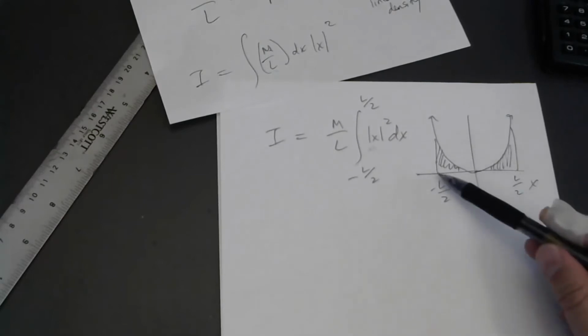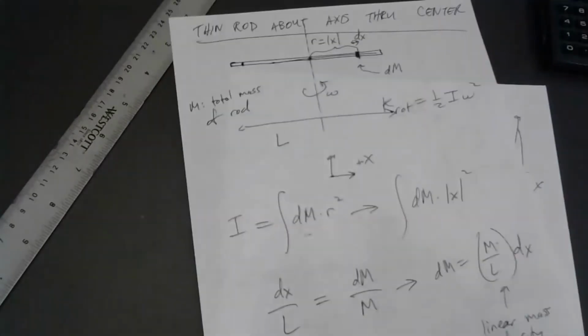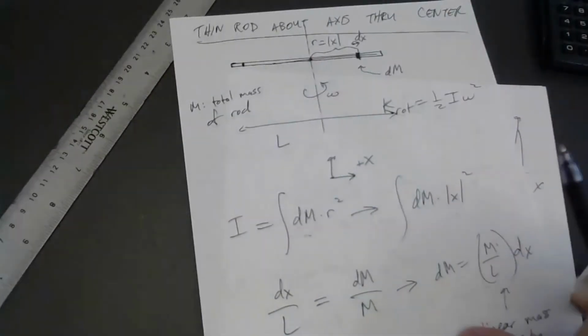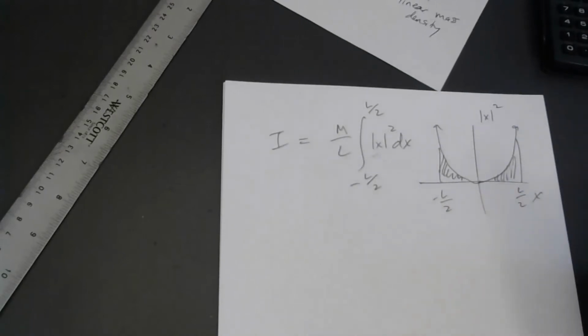And because that curve is symmetric with respect to the vertical axis here, and don't be confused, we've got an axis of rotation in this picture. That's a physical axis of rotation. And then I have two axes in my graph of x squared versus x. Those are two different types of axes.